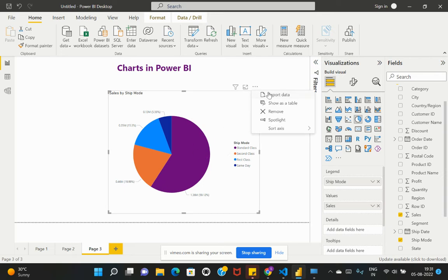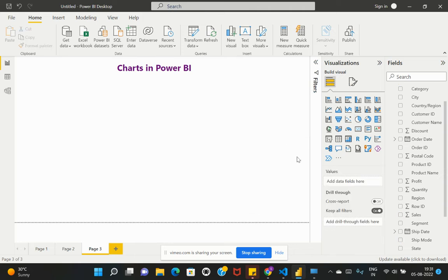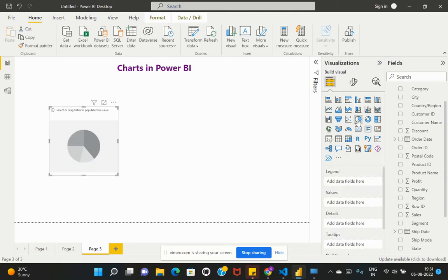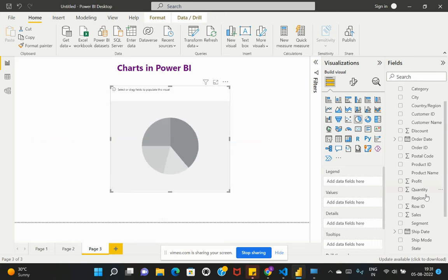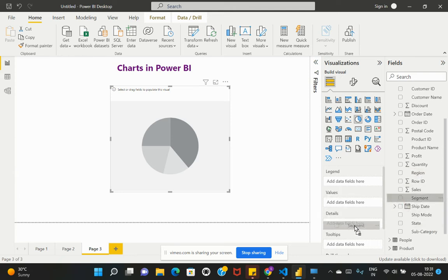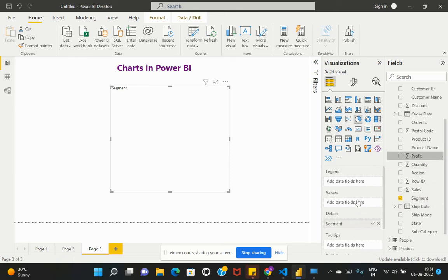Now let's try to build this from the scratch. So if I have to build a pie chart from the scratch, how do I do it? So I can just select this visual, and then I'll just bring in my let's say segment, and the values would be my profit.